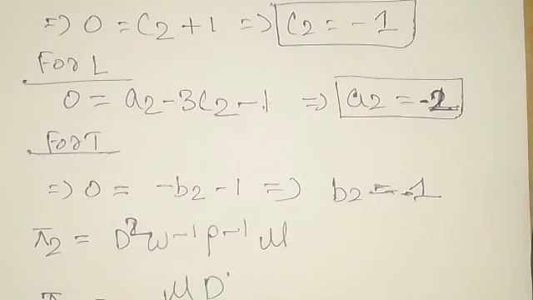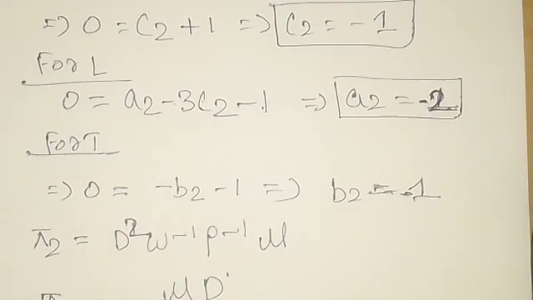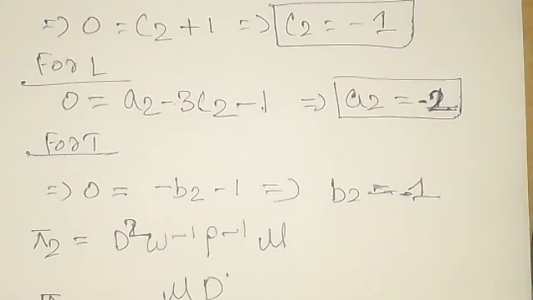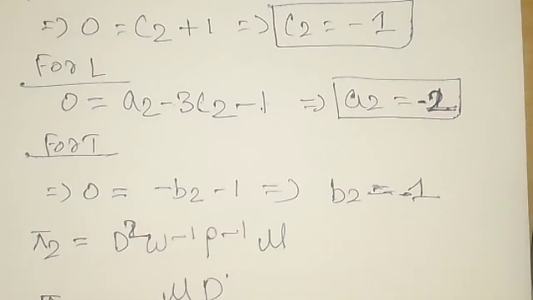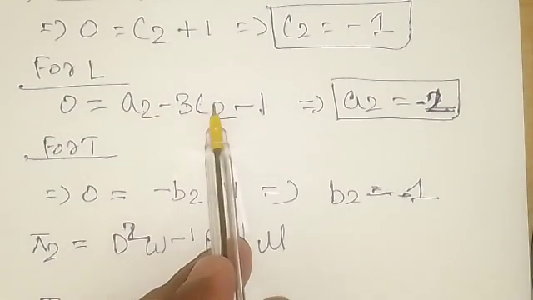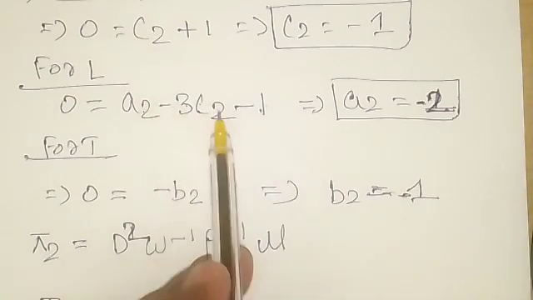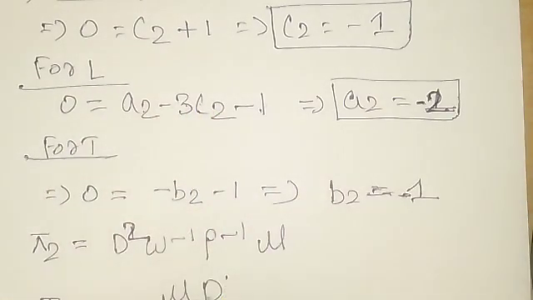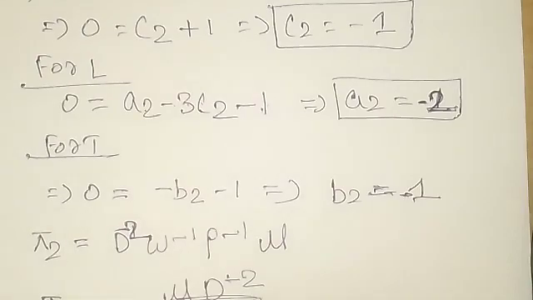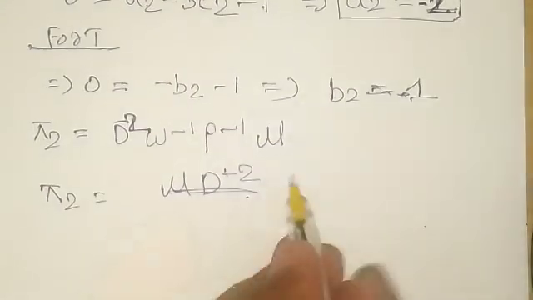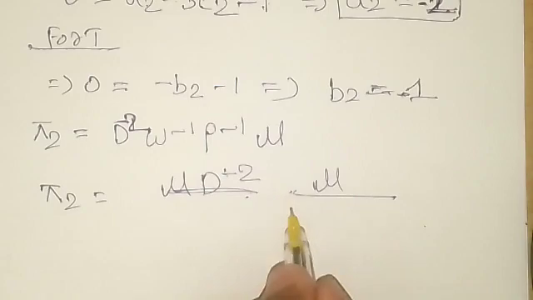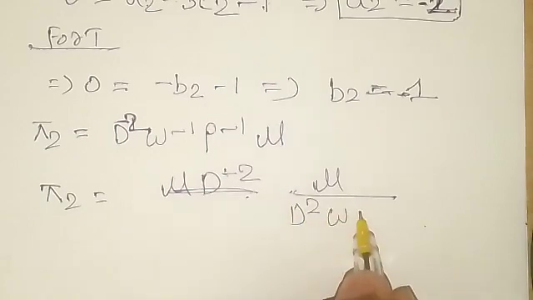Right, just hold on. a2 is equal to a2 minus 3c, so a2 minus 3c means, okay, yes, minus 2. So this is what you have. There is a mistake actually, so pi 2 is mu by d square omega into rho.